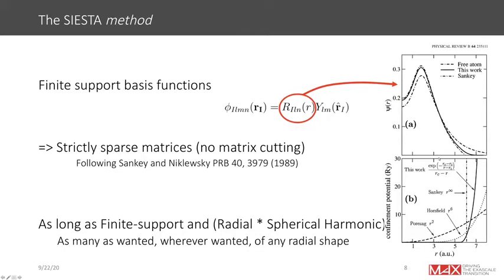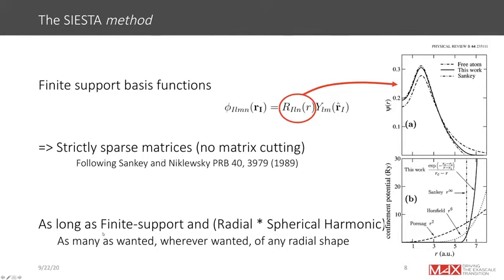And from then on, they are strictly zero, as compared with traditional basis sets in which there was a decay, but the decay would not really go strictly to zero up to infinity. That means that the matrices we're dealing with are going to be strictly sparse. We won't need to neglect or cut matrix elements a posteriori. Actually, the zeros in the matrices are going to be exactly zeros.